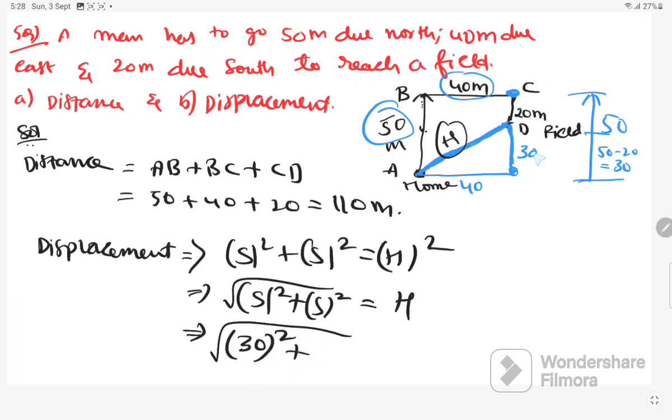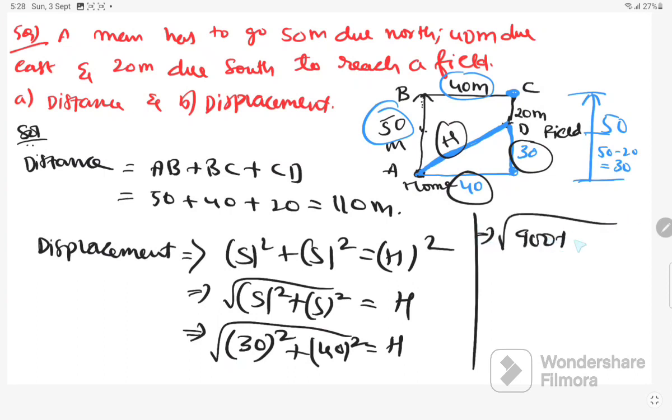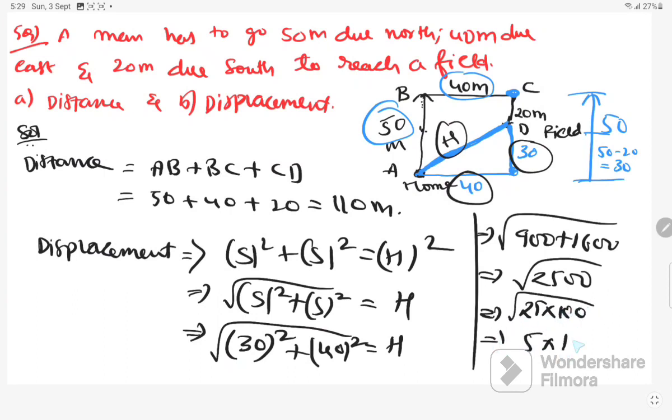What is the other side? One side is 30, one side is 40. If I calculate, 30 square will be 900, 40 square will be 1600. So both will sum up to 2500. Separately I can write 2500 as 25 into 100. The square root of 25 will be 5, the square root of 100 will be 10.